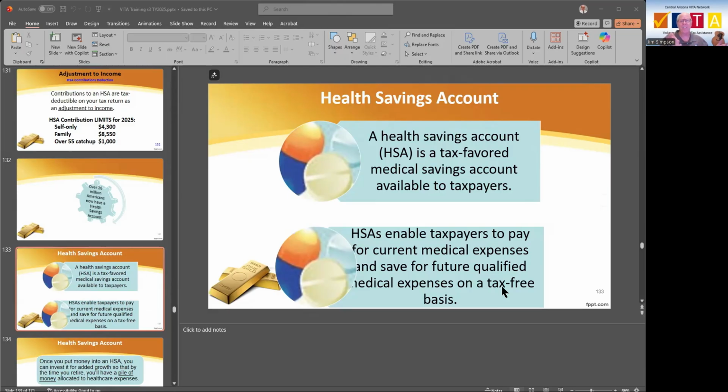If you make even $50,000 a year, 7.5% of that is $3,750. The first $3,750 of medical expenses you have are not deductible. Now if you have a health savings account, though, 100% could be deductible if you built up enough money in your health savings account.